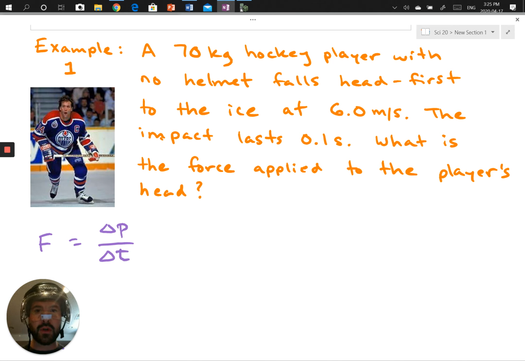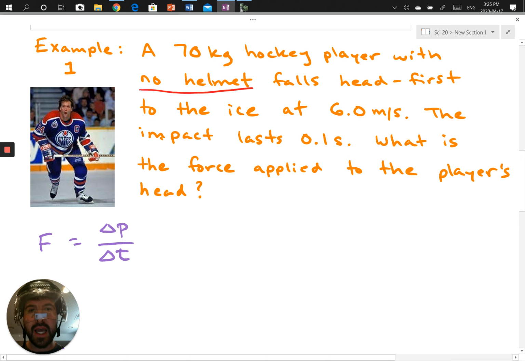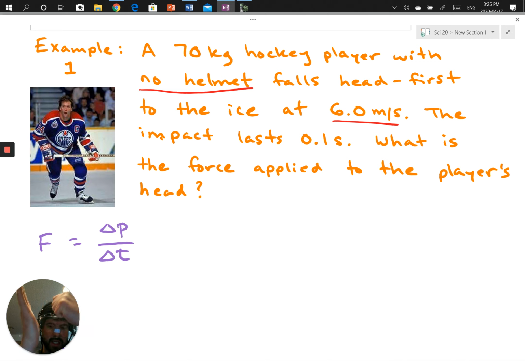A 70-kilogram hockey player with no helmet falls headfirst to the ice at 6 meters per second. The impact lasts 0.1 seconds. So his head falls to the ice, and it takes 0.1 seconds for his head to slow down from 6 meters per second to 0 meters per second, to stop. What is the force applied to the player's head?